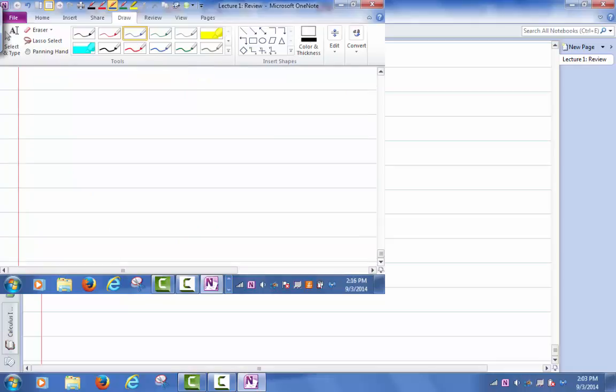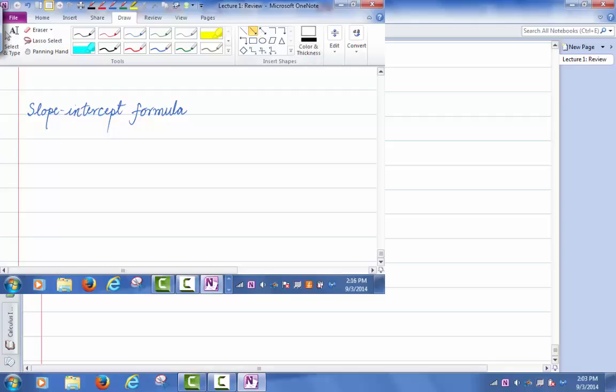Now, formulas for writing down the equations of straight lines. So one of the formulas that you must have seen is called the slope intercept formula. So what is this slope intercept formula?